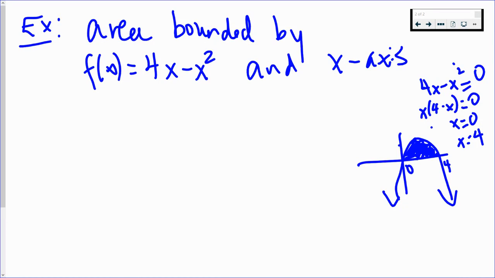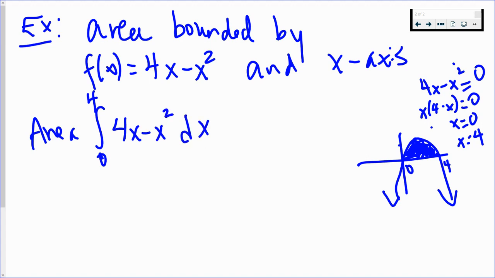Okay, so now set up an integral from 0 to 4 of upper minus lower. Well, the lower function is just 0 because that's where the x-axis is. So it's just 4x minus x squared. We don't have to put minus 0.